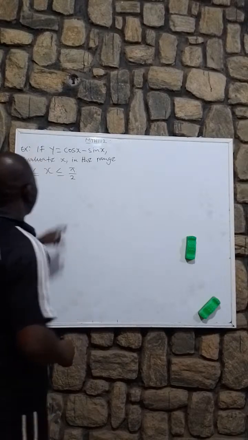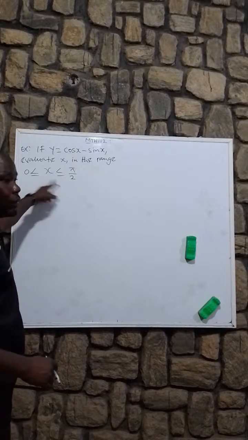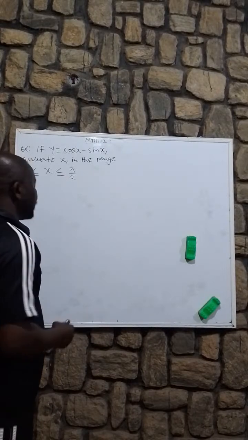This is 90 degrees, right? x is in between 0 and 90 degrees.